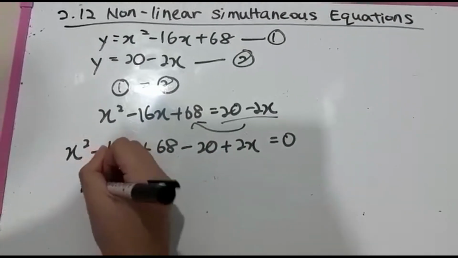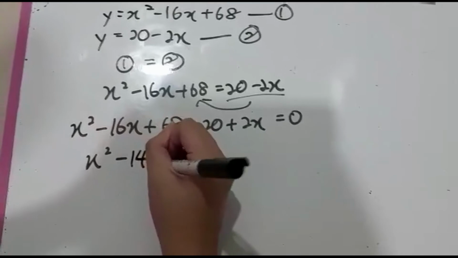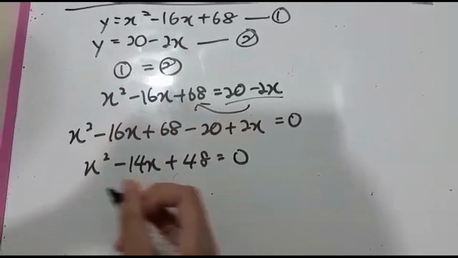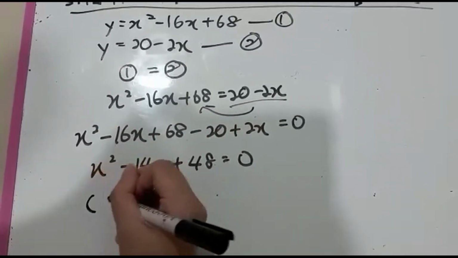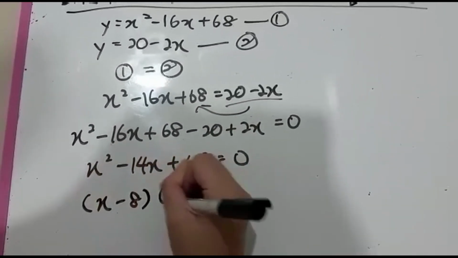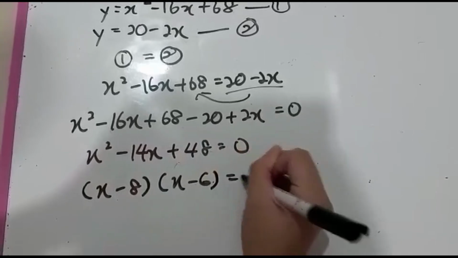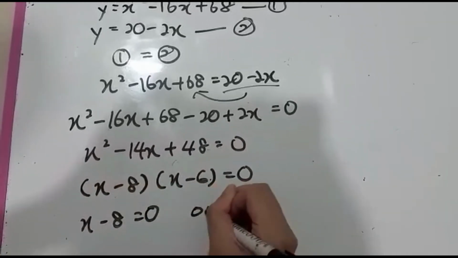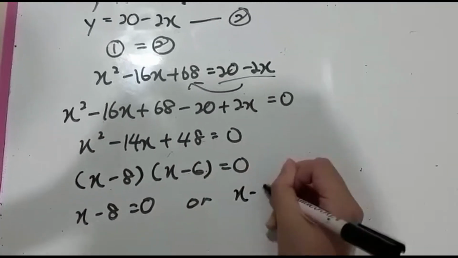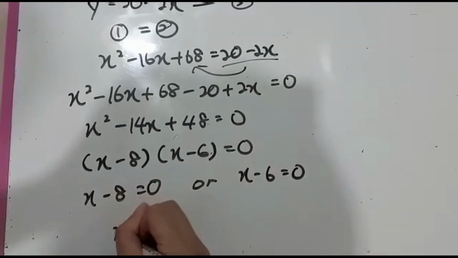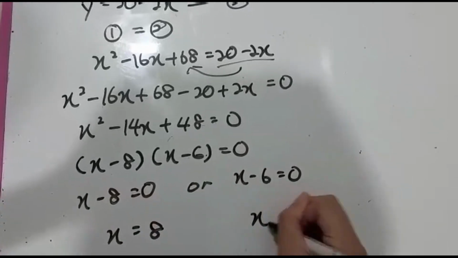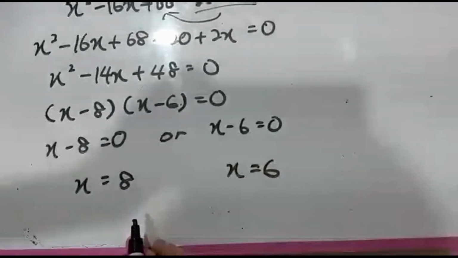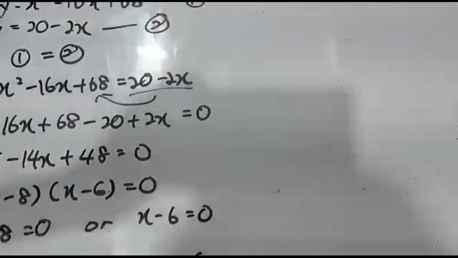Simplify this. And now you factorize this equation to find x. So we can get that x is either equal to 8 or equal to 6.